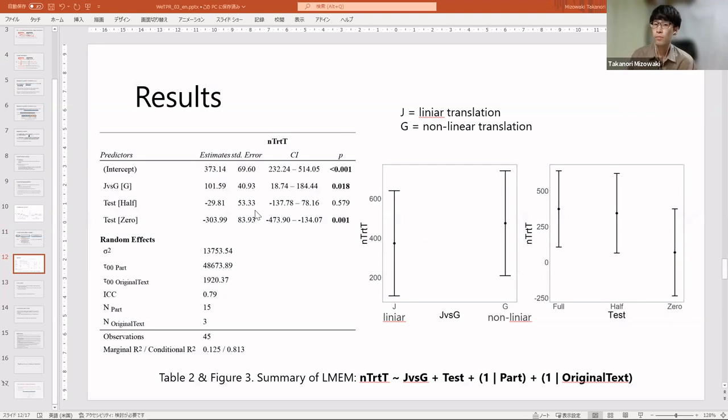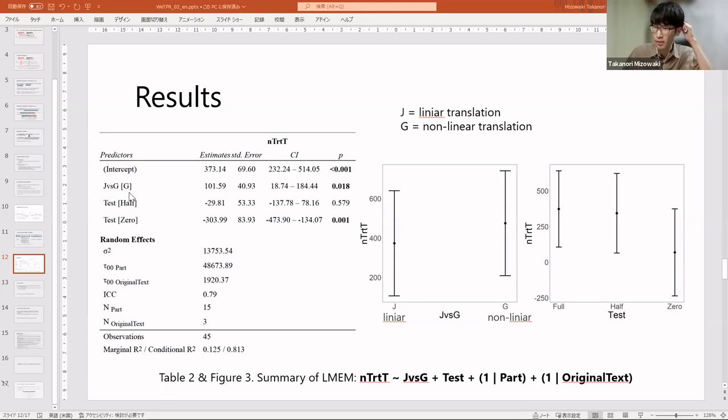Because as a Japanese reader, the output of the linear translation is very natural, and you don't see the process of reordering. Do you think it's because the sentences are more simplified, or what do you think is the reason behind that reduction in the effort?